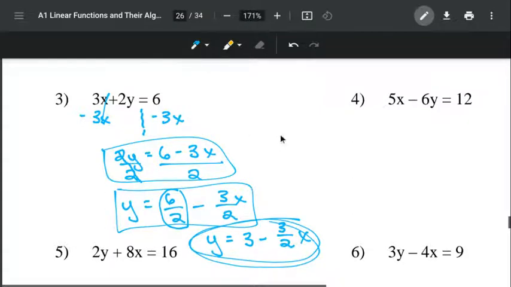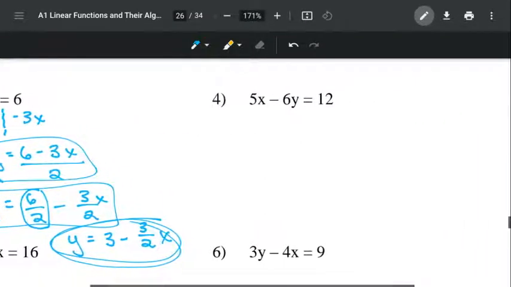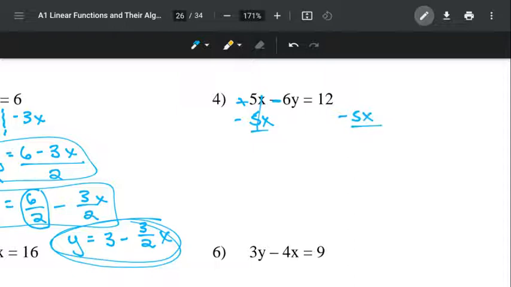Let's do number 4. It's 5x minus 6y equals 12. There's an invisible plus sign here. The minus goes with the 6. So we subtract 5x. That goes away. Remember, bring down that minus. Minus 6y equals 12 minus 5x.